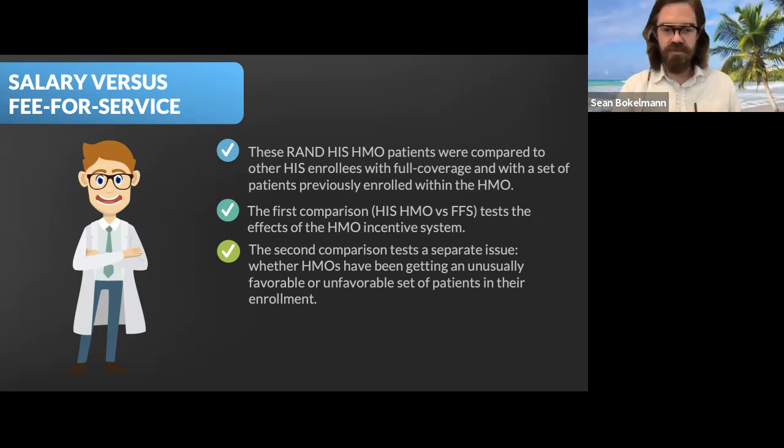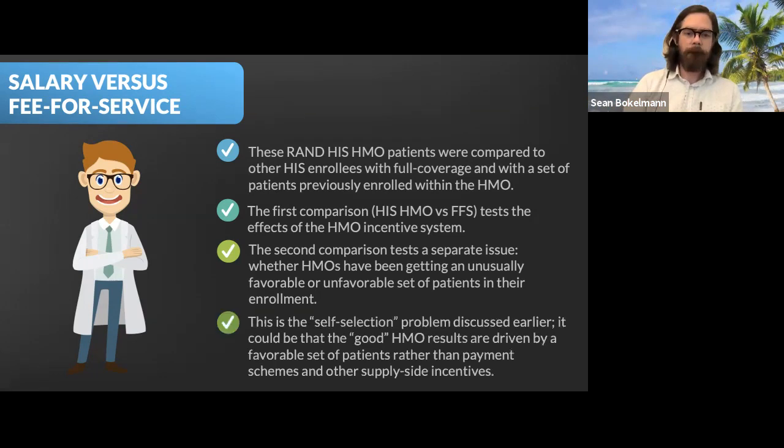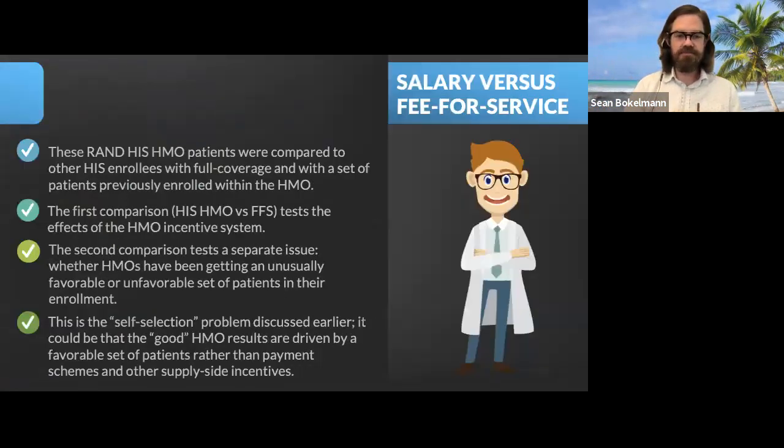That's really what the second comparison is able to tell us. Are the HMO results being driven by a favorable set of patients, or are the results being driven by the fact that there are these supply side incentive schemes and other supply side incentives? So that's the main question.